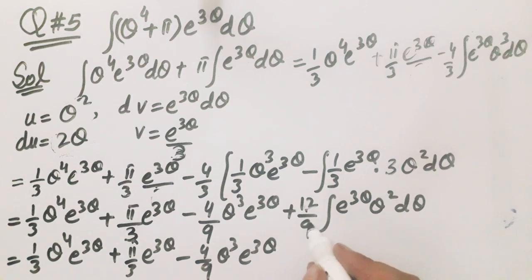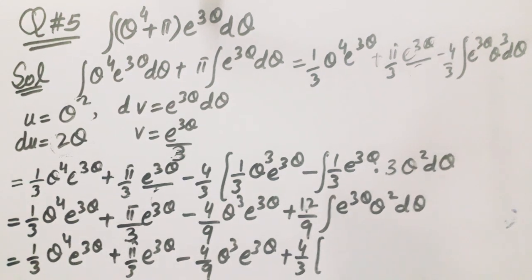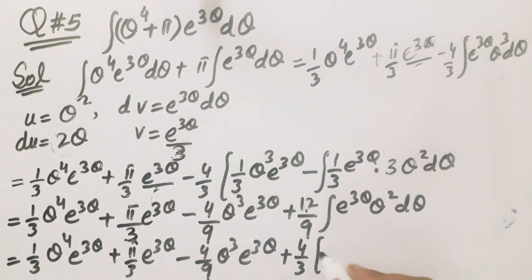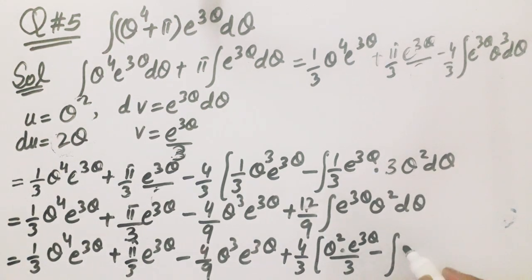So you will get 4/3, and here you will get, by using the integration by parts formula, θ² into e^(3θ)/3 minus ∫ e^(3θ)/3 into 2θ dθ.